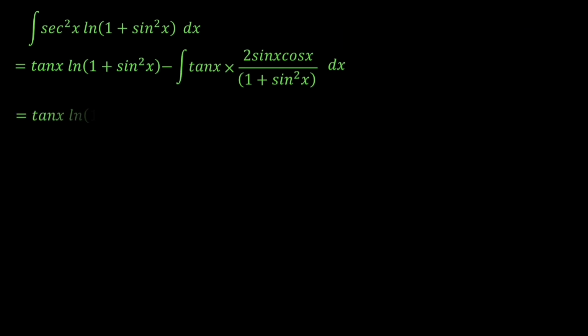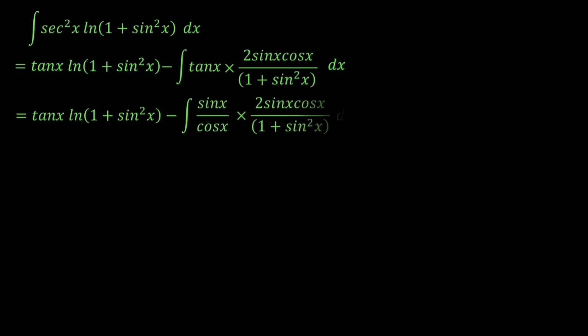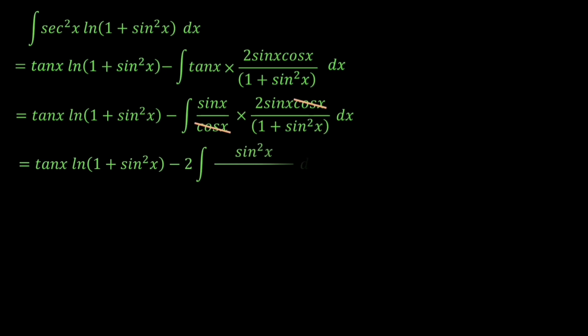Tan x equals sin x over cos x. So we can cancel out the denominator cos x and the numerator cos x. Now we have integral sin² x over (1 + sin² x). The numerator sin² x we can write as 1 + sin² x.